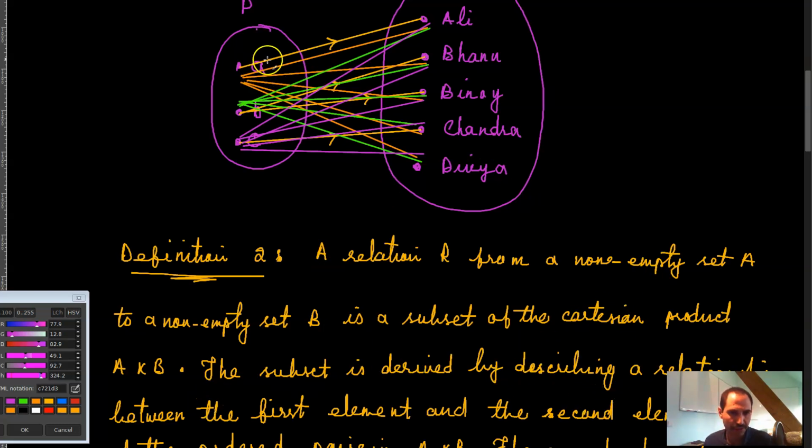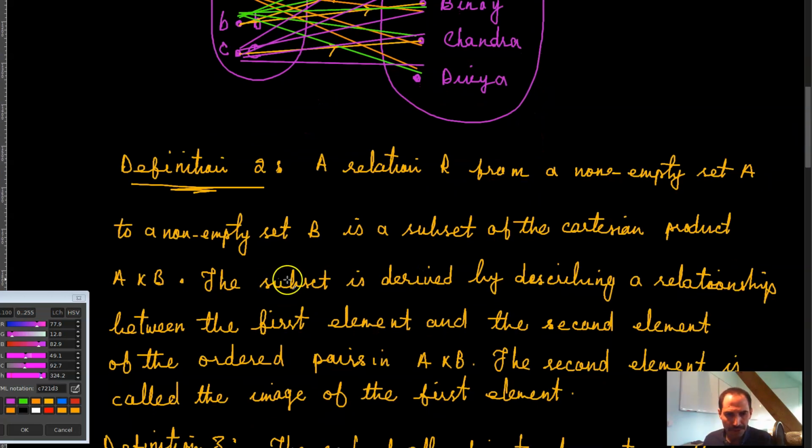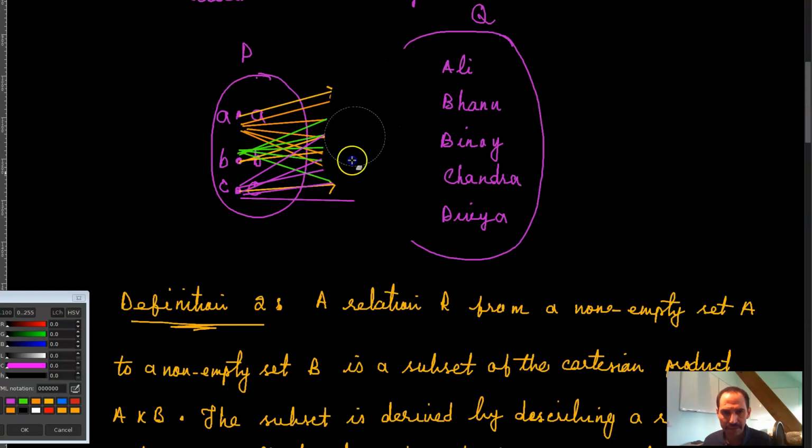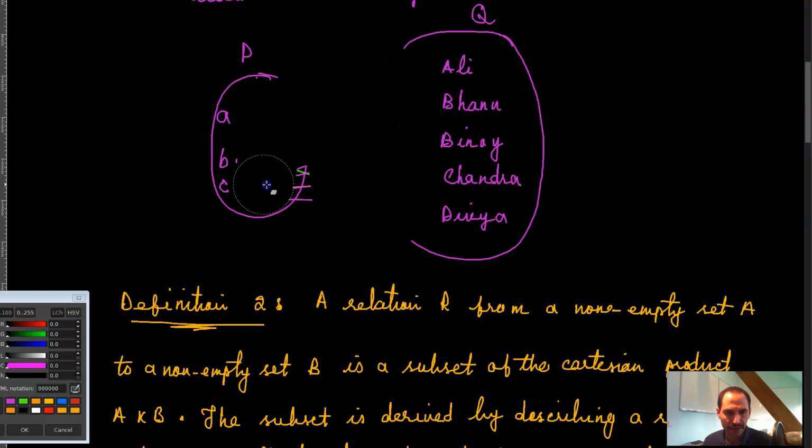In this case, we said that, for example, this element here is supposed to be the first letter of these names, right? So the subset is derived by describing a relationship between the first element and the second element of the ordered pairs in A times B, and the second element is called the image of the first element. So let me draw this again.